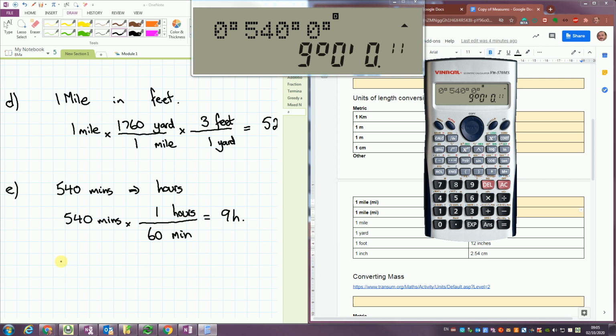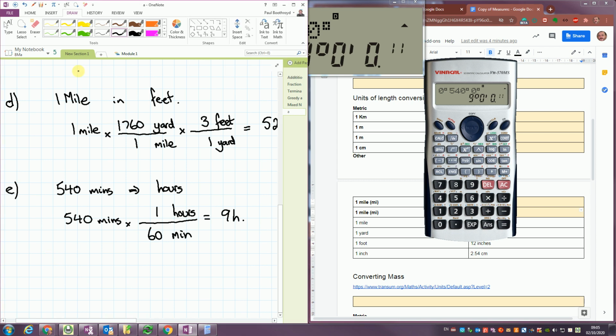So I can actually do a conversion on the calculator for time.